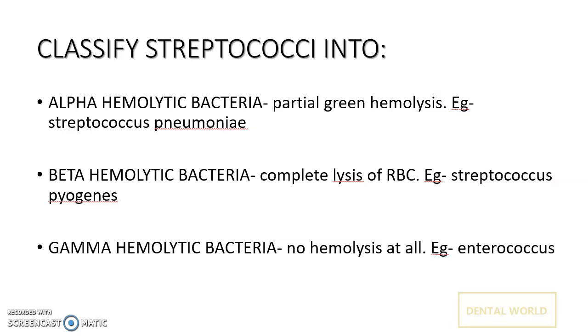And the third category is gamma hemolytic bacteria. Such streptococci show no hemolysis at all. They are also known as non-hemolytic streptococci, and they are usually not pathogenic, whereas the alpha and beta hemolytic streptococci are generally pathogenic, whereas the gamma hemolytic streptococci are not pathogenic. Example is Enterococcus.